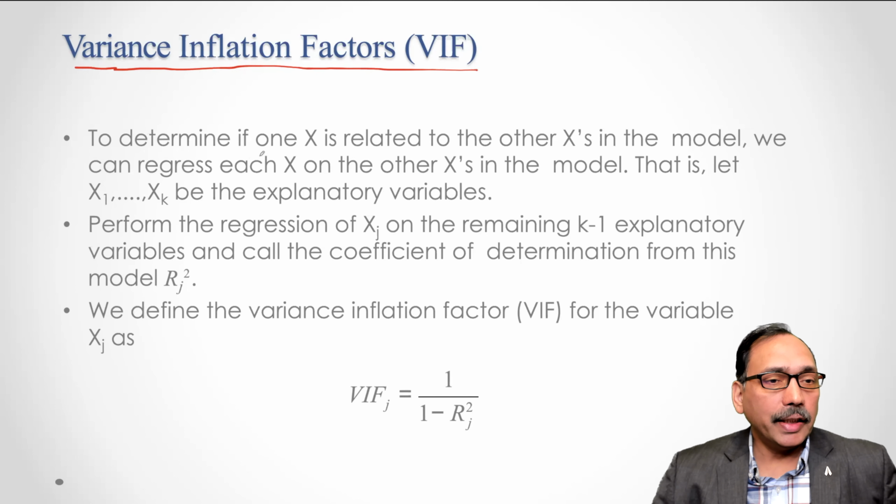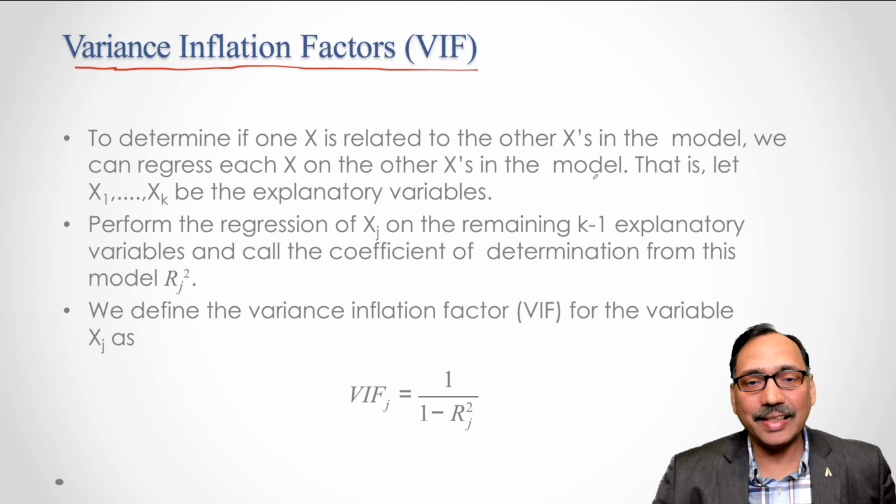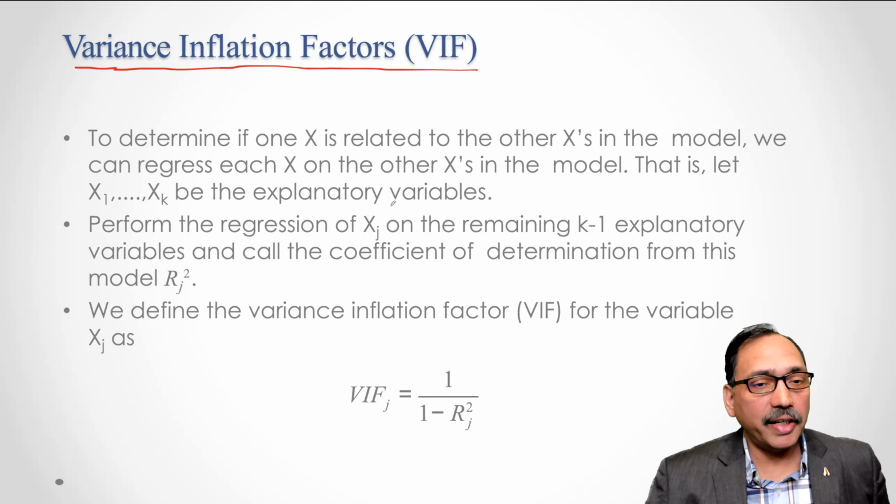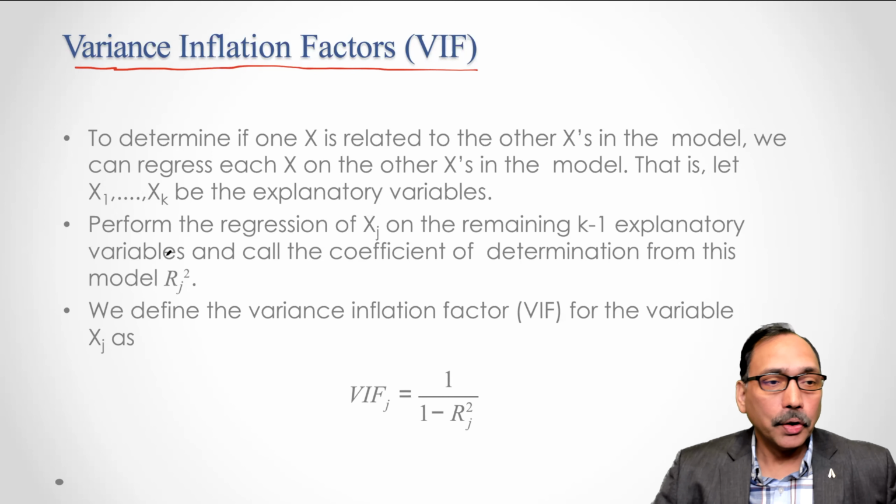To determine if one x is related to another in the model, we can regress each x on the other x's in the model. That is, let x1 to xk be your explanatory or independent variables.